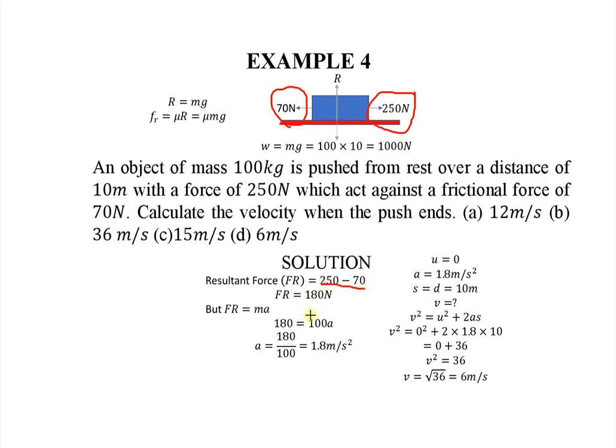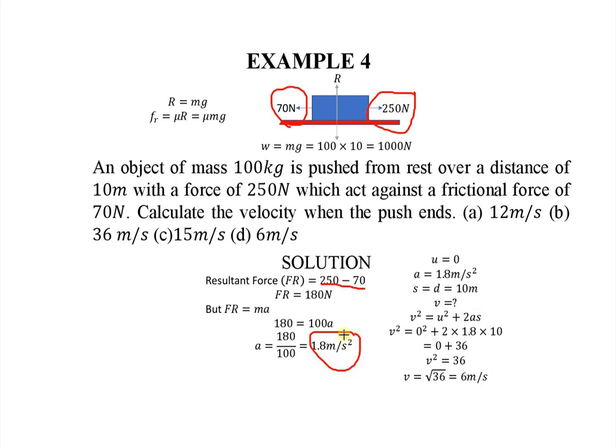And that will give us what? 180. But resultant force is what? 180 Newton, which is equal to what? MA. That will give us 180 Newton equals to what? 100A, from which we get the acceleration with which the body moves.